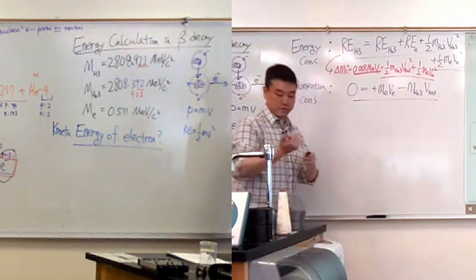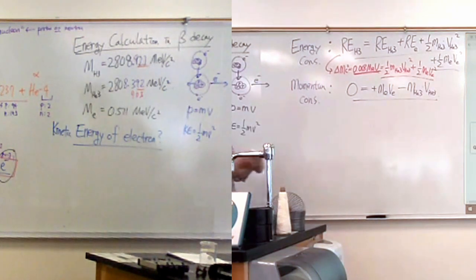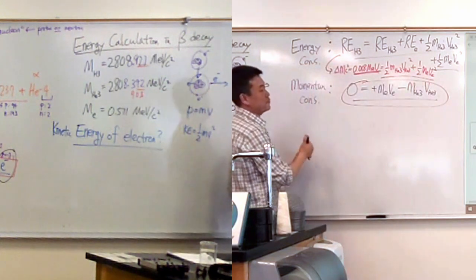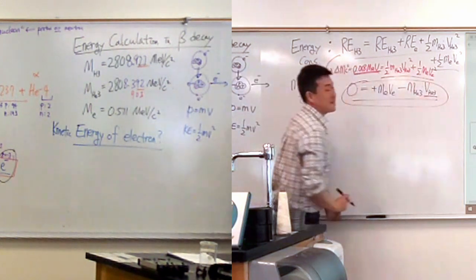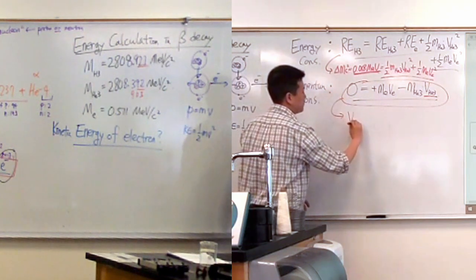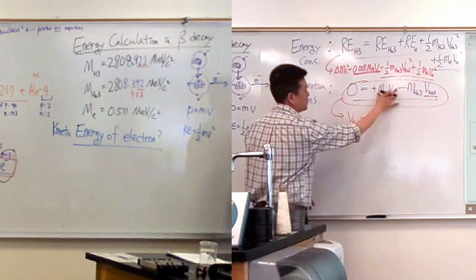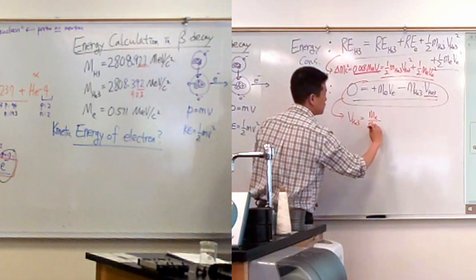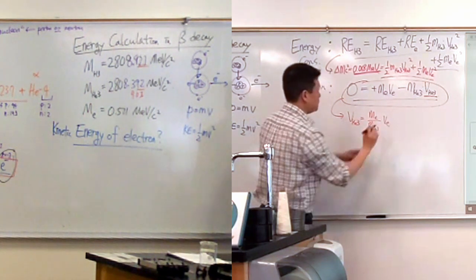Sorry, I've got only 4 minutes left. I'm going to solve for the helium velocity because I'm trying to eliminate that. So my helium velocity is m_e over m_He3 times v_e.